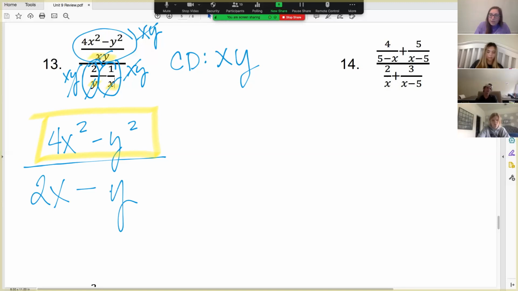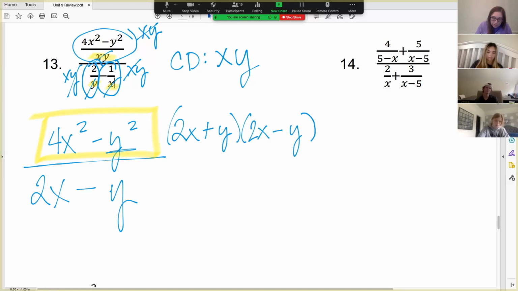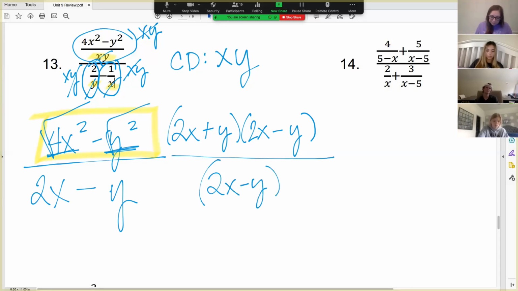But I could factor this to be 2x plus y, 2x minus y, because these are both squares. If I square root both of them, 2x and then y, over 2x minus y. So then these cancel, and my final answer is just 2x plus y.